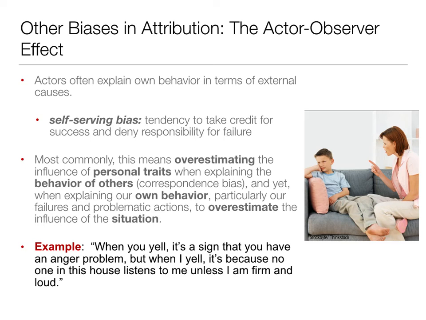However, when I yell, it's because no one in this house listens to me, and unless I use a voice like this, you just ignore me, right? Doesn't that sound like a parenting thing to say? But this is an example of that self-serving bias. This is an example of that actor-observer effect, that we're going to have different perceptions of these attributions when they're about ourselves than when they're about somebody else.